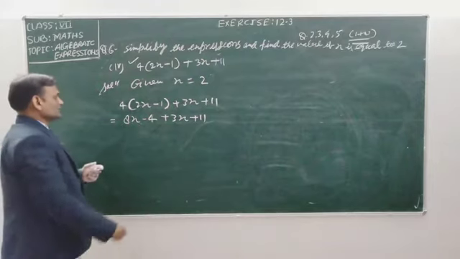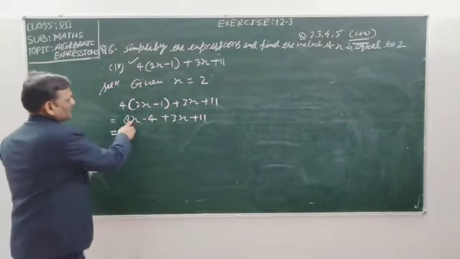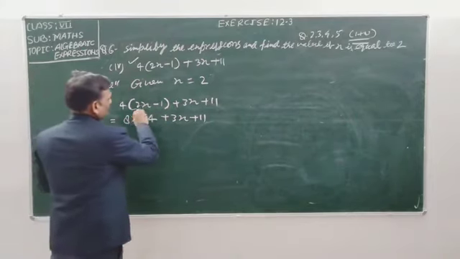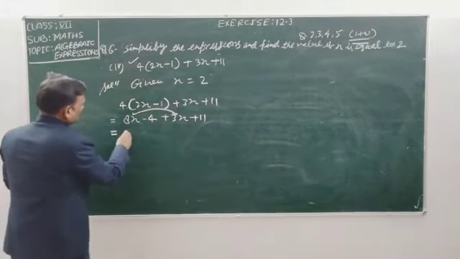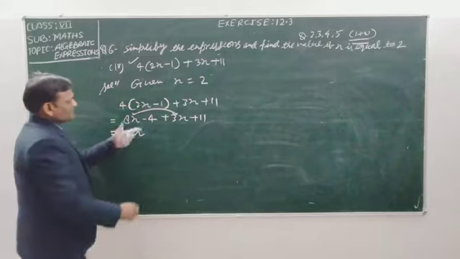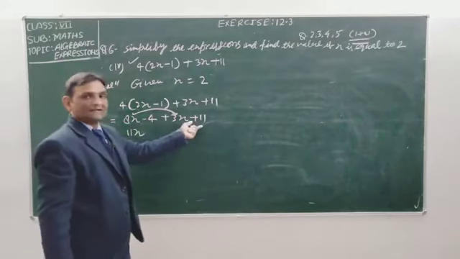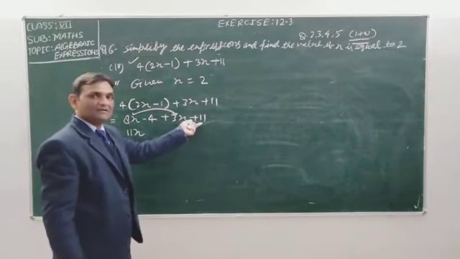Now solve it, student. Take the like terms together, 8x and 3x. 8x and 3x we can add, both are positive. So that is 11x, and this is constant, minus 4 and plus 11.